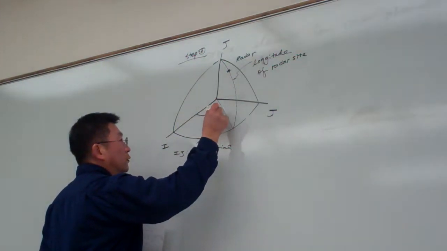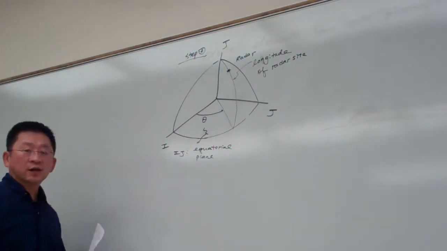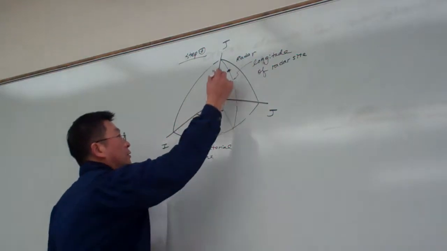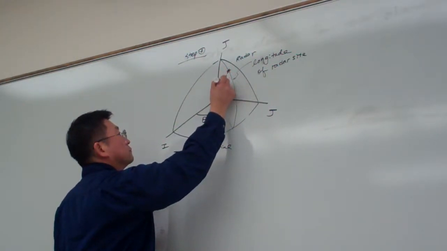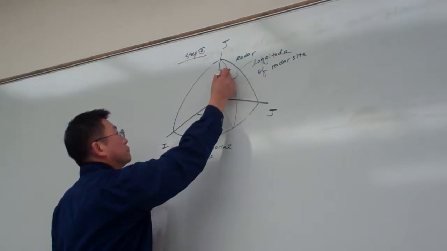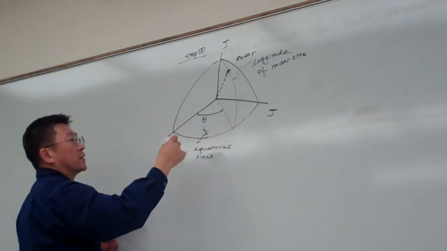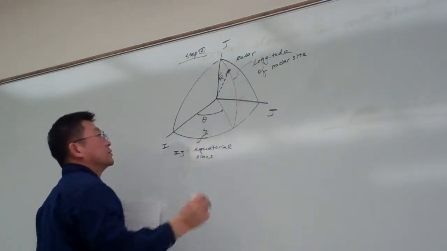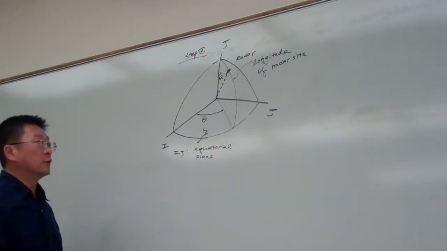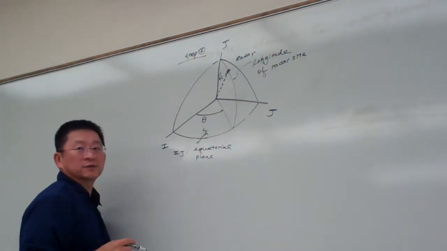So again, we're going to exercise how to determine theta, don't worry. And this one, in dash, let me call this the R vector. The R vector simply is measured from the center of the Earth to where the radar is.